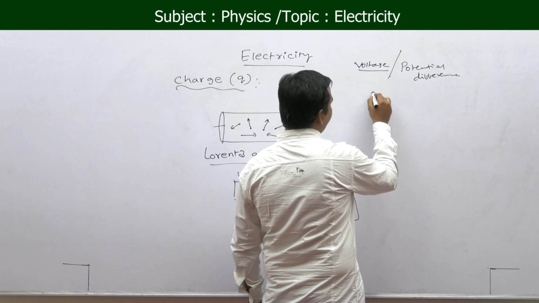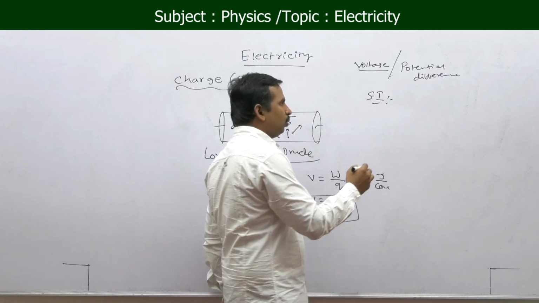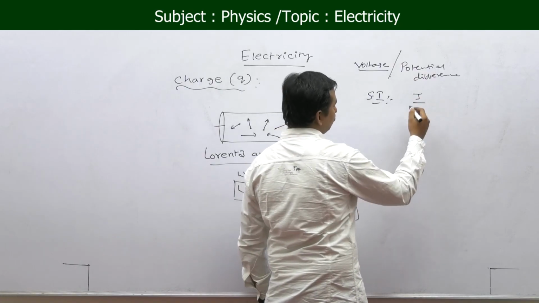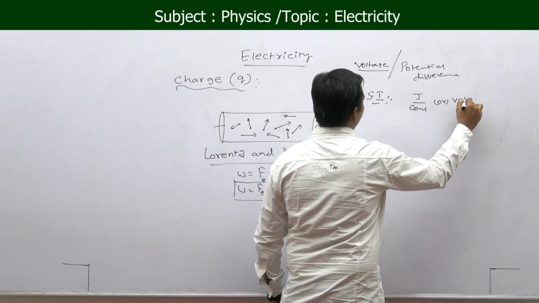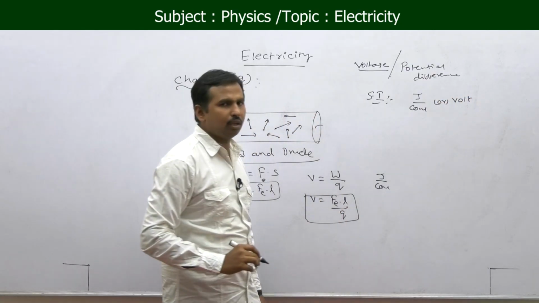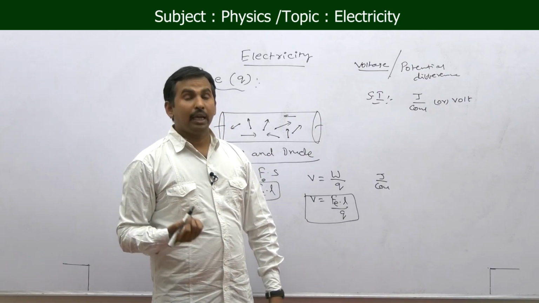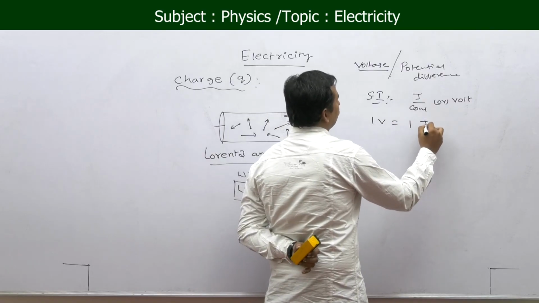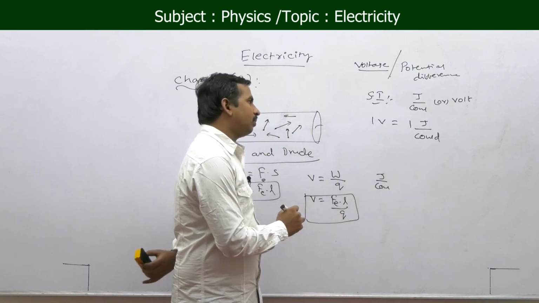Its unit in the SI system is joule per coulomb, work by charge, and that joule per coulomb we call volt. Volt is the unit of voltage, and 1 volt is equal to 1 joule per coulomb. What do we mean by that?